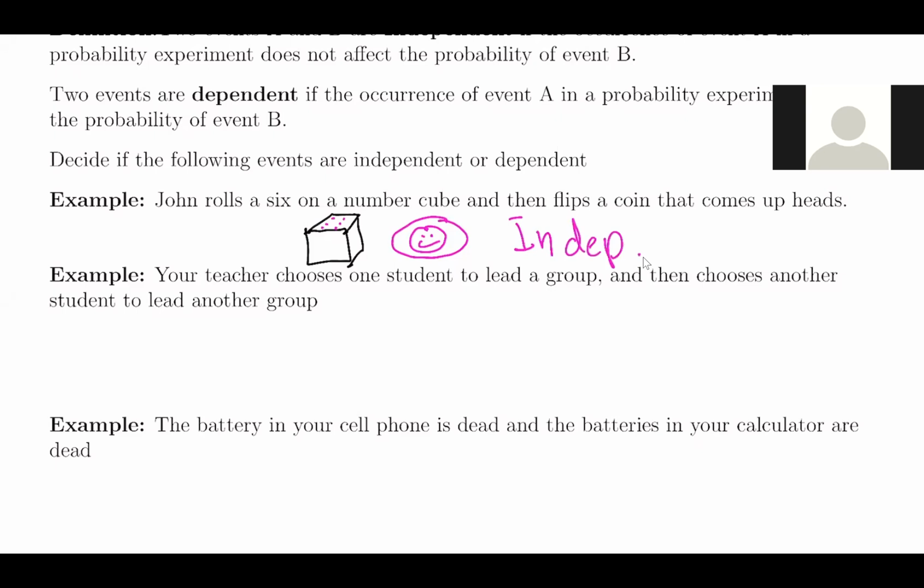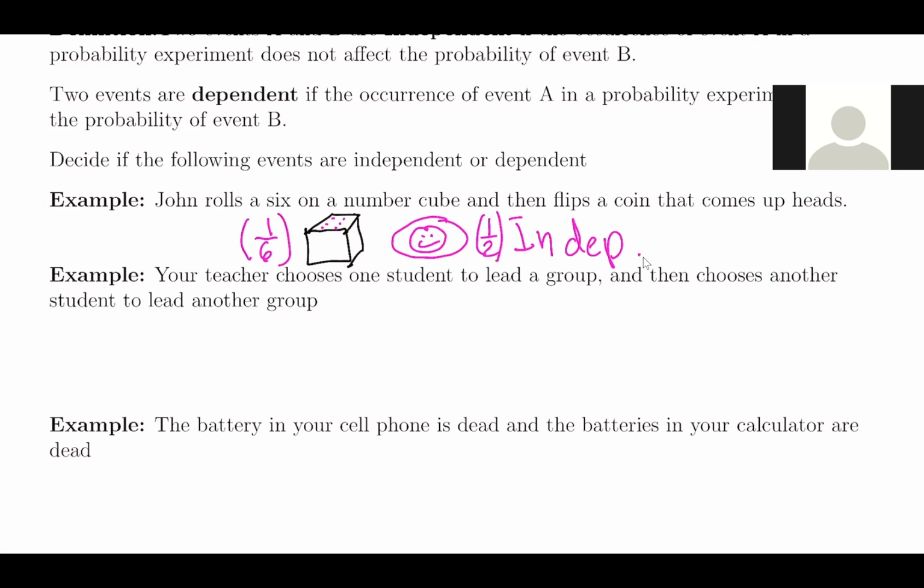Because the probability that he rolled a 6 is still 1 out of 6. But then once he flipped the coin, the probability that the coin lands on heads is still 1 out of 2. So the event of rolling a die didn't affect the event of getting heads when he flipped the coin. All right. So that's it for that first one.